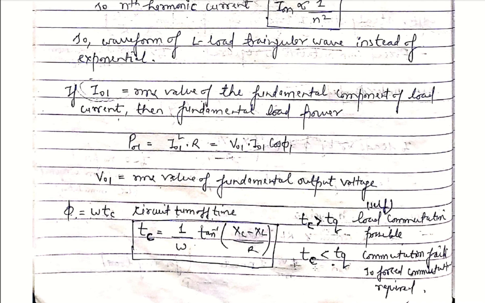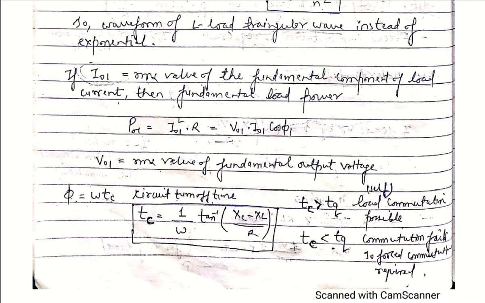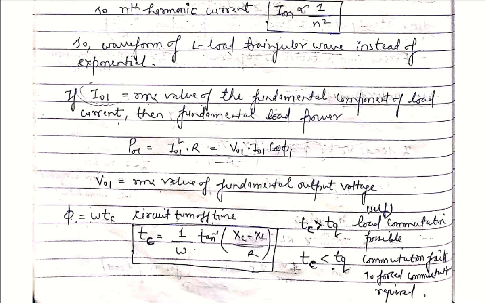But when Tc is less than or equal to Tq, commutation fails or forced commutation is required. This Tc and Tq concept we already discussed in the diode reverse recovery characteristics, where we will understand deeply how, with Tc greater than Tq, load commutation is possible. Further we will calculate the power requirement, which is similar to the half bridge case.